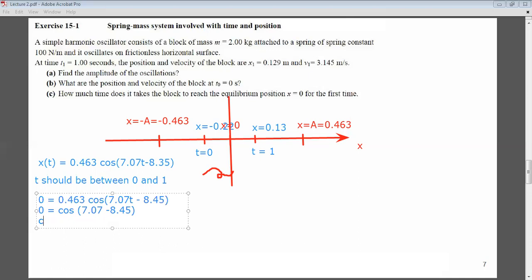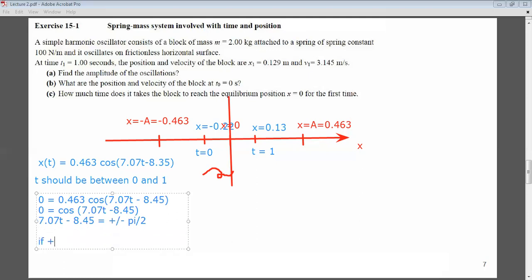So 7.07t minus 8.45 is plus or minus pi over 2, because the angle whose cosine is 0 is plus or minus pi over 2. Let's see which one of them will give me the right answer.